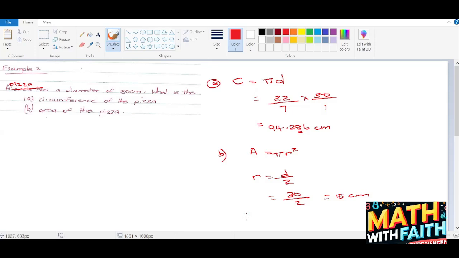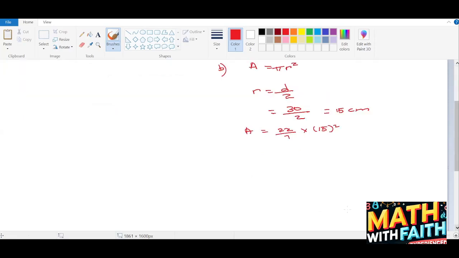Therefore, the area is 22 over 7 multiplied by 15 squared. And when we plug that into our calculator, we get 707.14. And remember, it's an area, so that will be in units squared. Always remember to include your units in your answer. So that's 707.14 centimeters squared for our area.